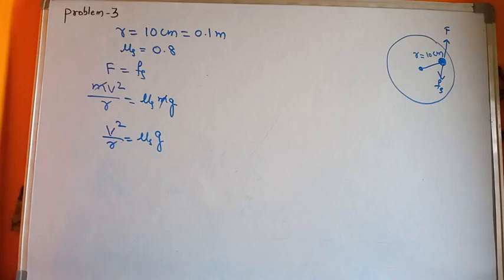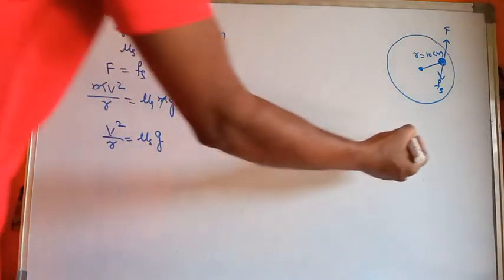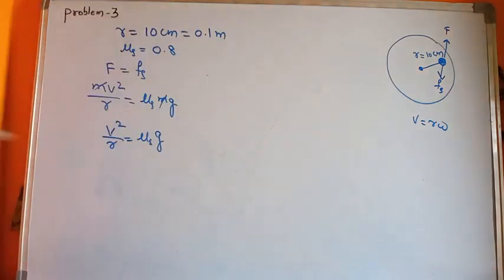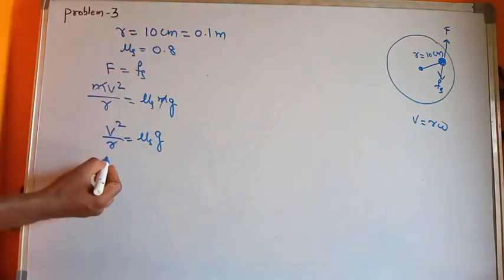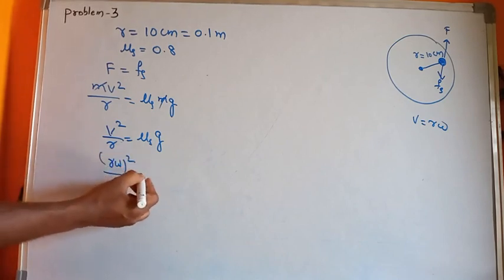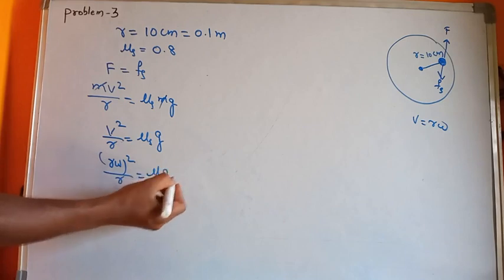There is a relation between the linear velocity and angular velocity, that is v equals r omega. We use that relation here. So v square by r becomes r square omega square by r, equal to mu s into g.